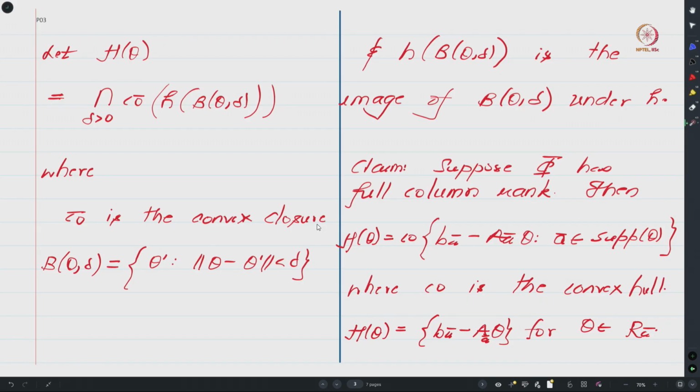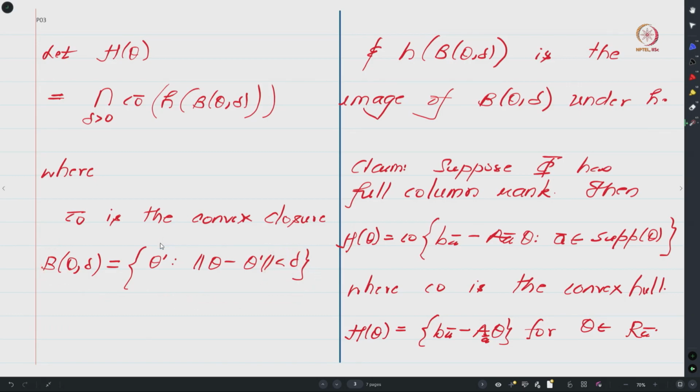So whatever this set is, you take its convex closure. And what is this expression over here? For that, first let us understand what B theta delta is. B theta delta is the ball of radius delta around theta. In other words, it is the collection of all theta prime such that the norm of theta minus theta prime is less than delta.